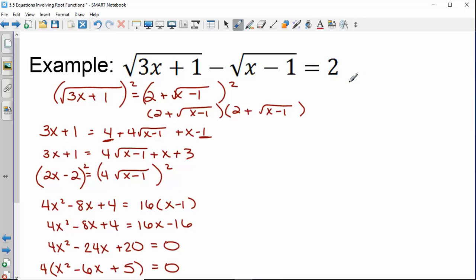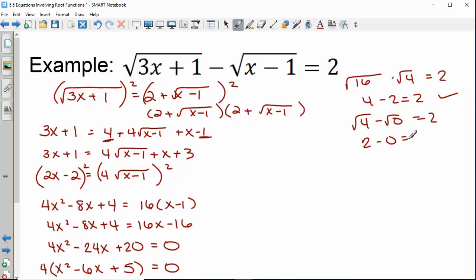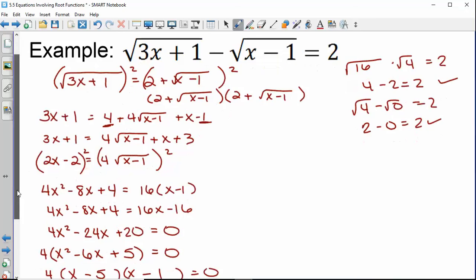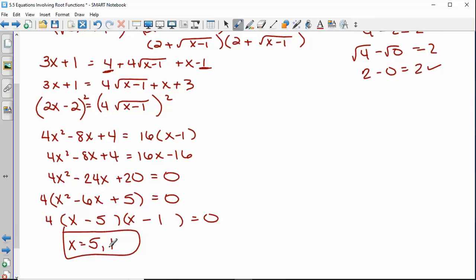Okay, so if I put in a 5, I get 4 minus 2 equals 2, that works. If I put in a 1, I get 4, so 2 minus 0 equals 2, and that also works. So this time, both answers check.